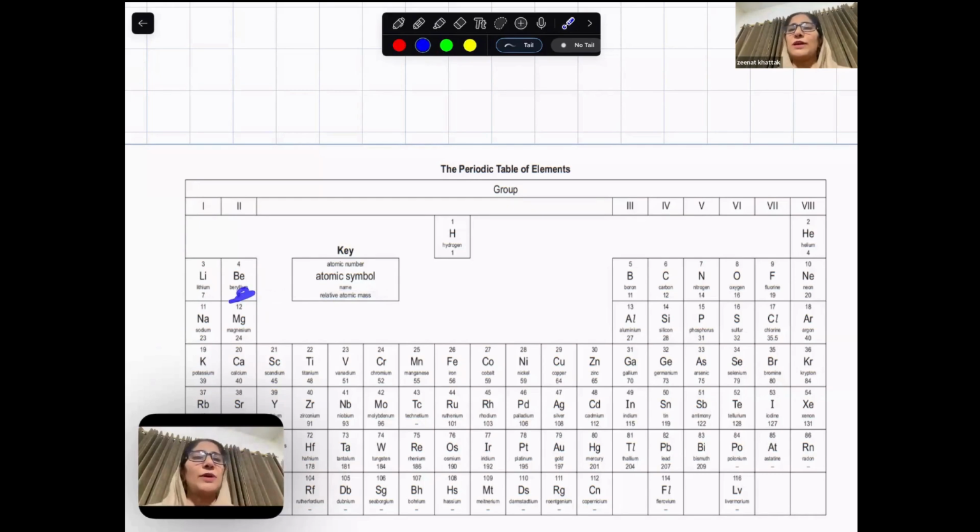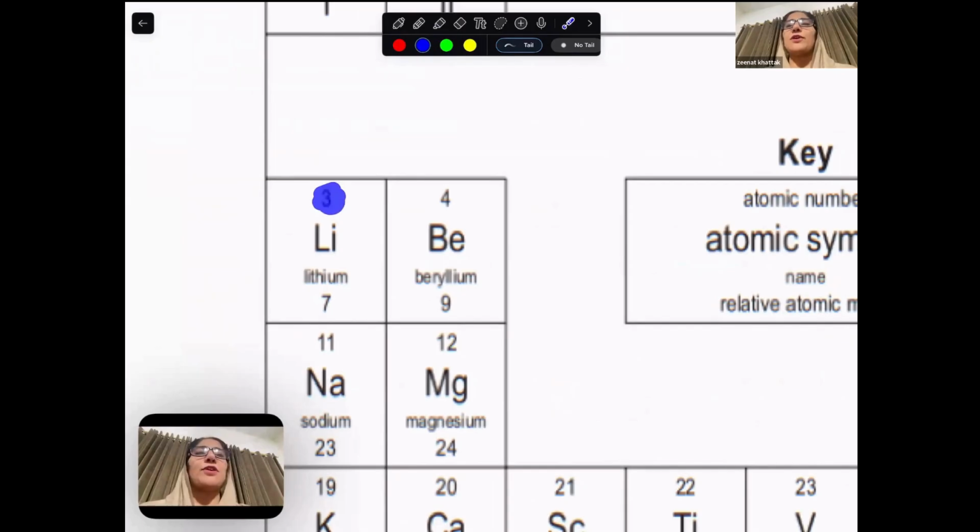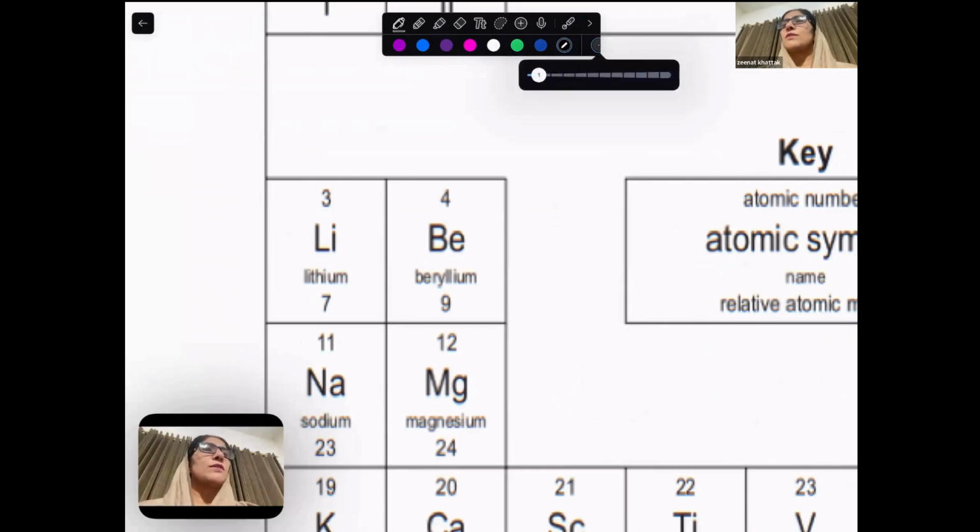So if you see, there are 3 protons. There are 3 protons, there are 3 electrons, and 7 minus 3 is what? 4 neutrons.